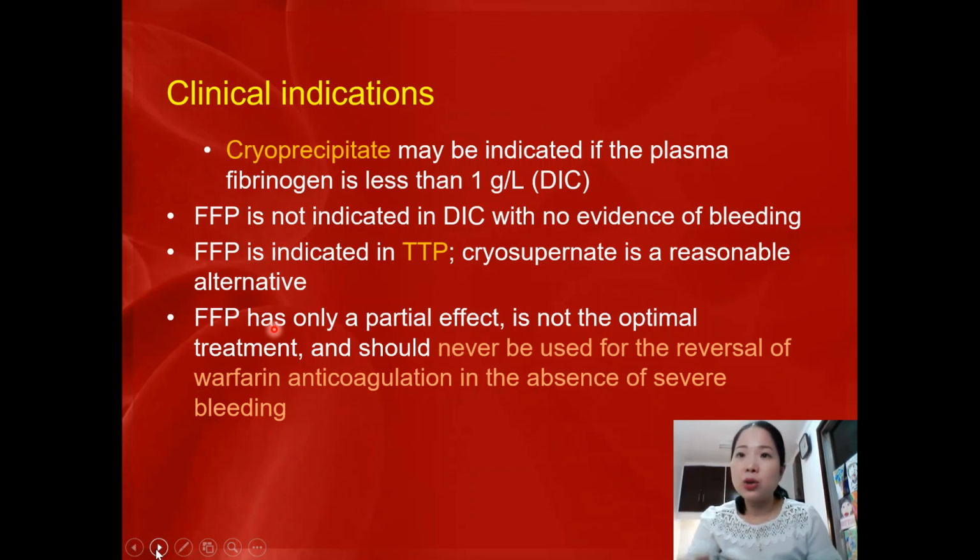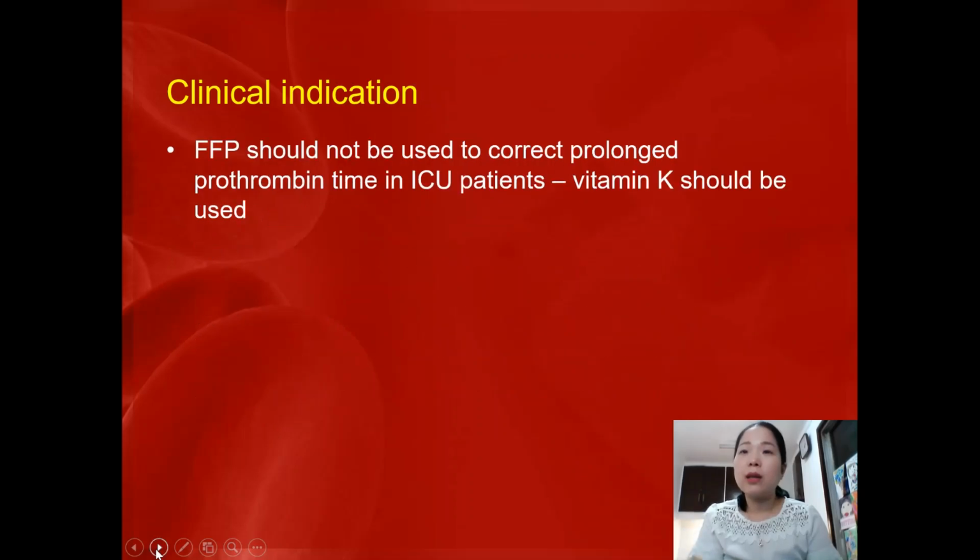So it should never be used for the reversal of warfarin anticoagulation in the absence of severe bleeding. Now, in the ICU setting, sometimes it's best to give vitamin K instead of FFP in order to correct the bleeding parameters or the bleeding of your patient. But again, this is a case-to-case basis.